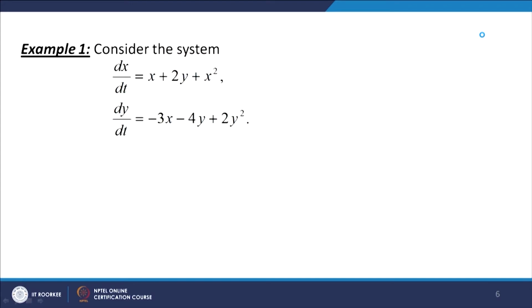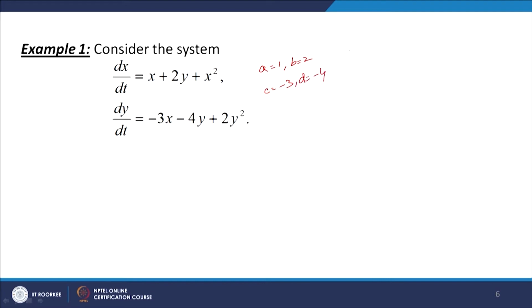Now, let us consider the system dx/dt equal to x plus 2y plus x squared, dy/dt equal to minus 3x minus 4y plus 2y squared. You can see that here a is equal to 1, b is equal to 2, c is equal to minus 3 and d is equal to minus 4.